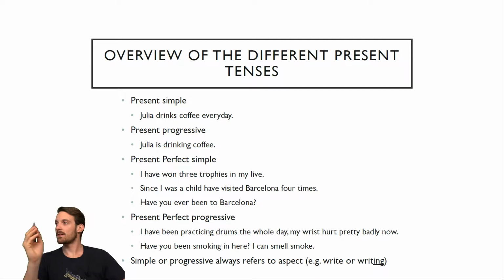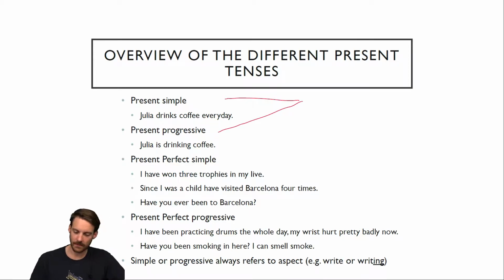And we're gonna have a look at the detailed explanation in a few minutes, of course. Then the present perfect simple and the present perfect progressive. And what I forgot here, you can also use the present simple and present progressive.